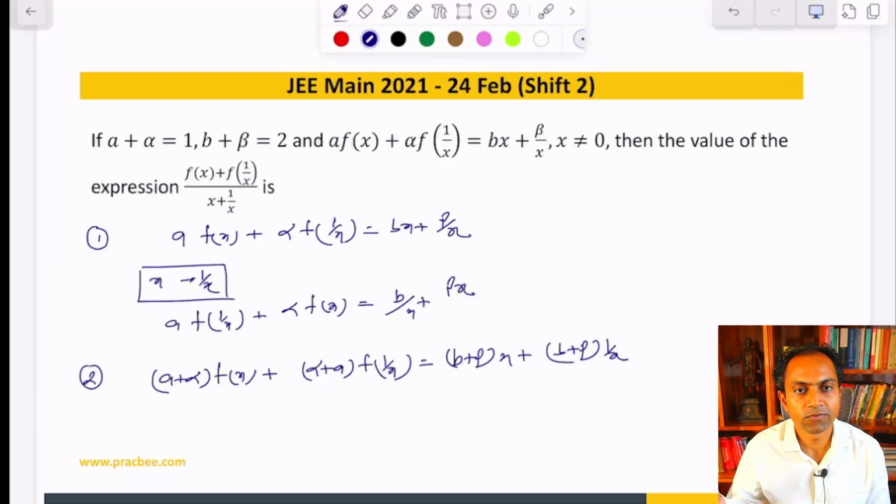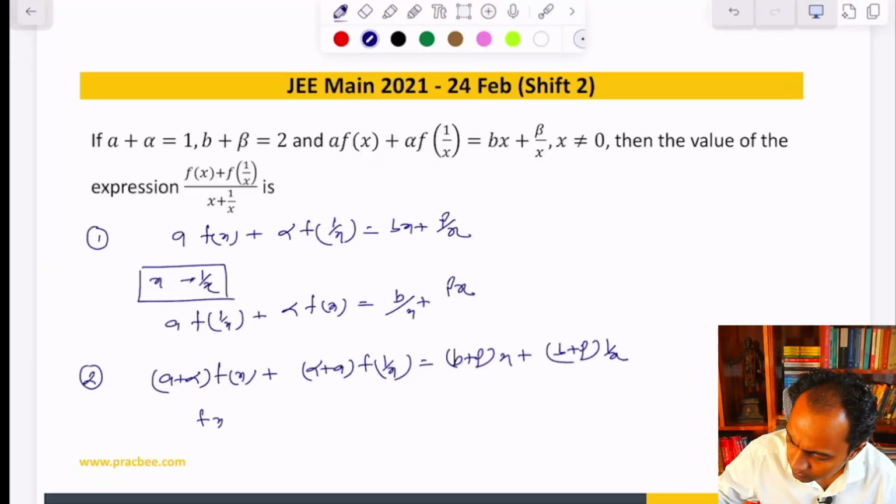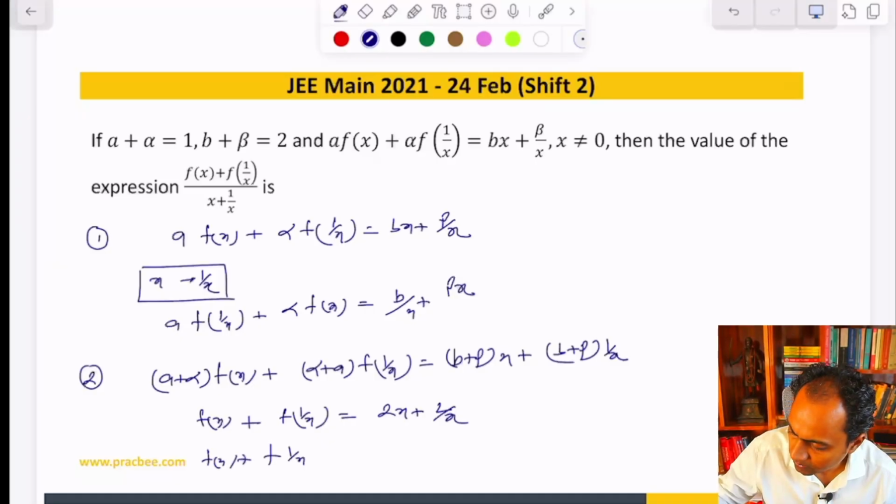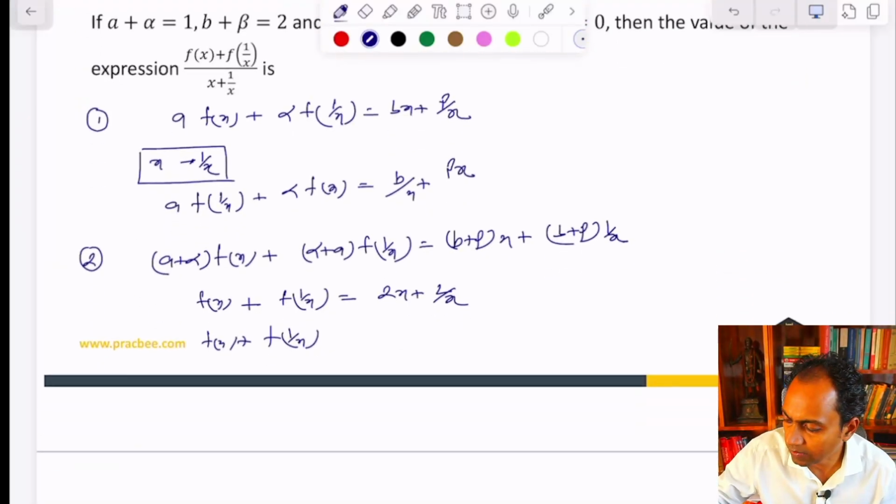Once you have this, now you have got all the values. A plus alpha is equal to 1. So this becomes f of x plus f of 1 by x. This will be equal to 2x plus 2 by x. So f of x plus f of 1 by x divided by x plus 1 by x would be equal to 2.